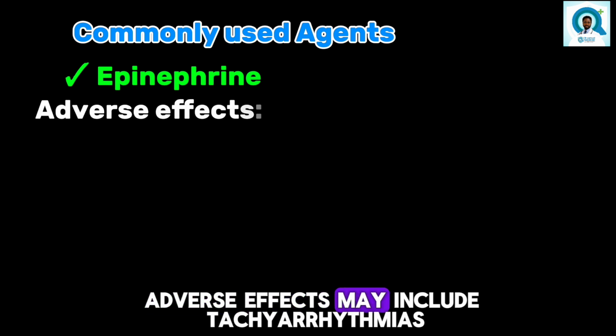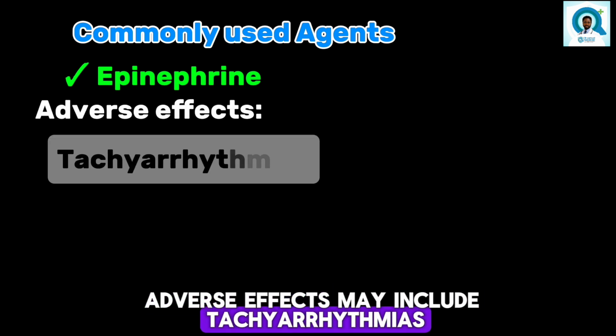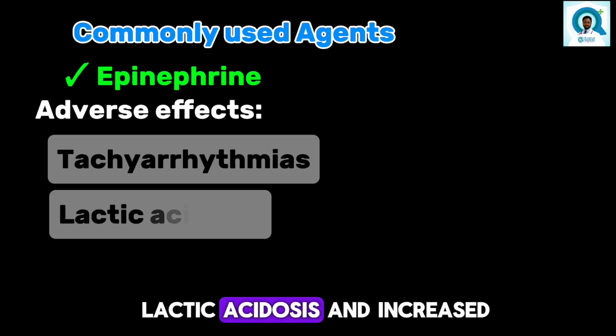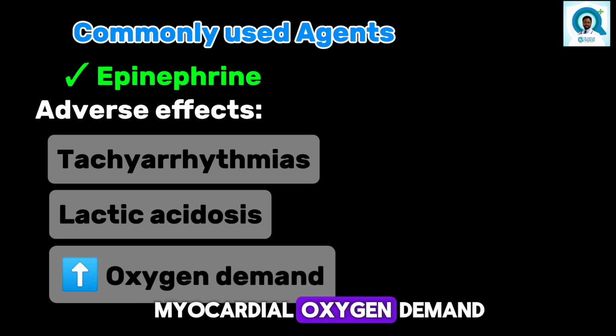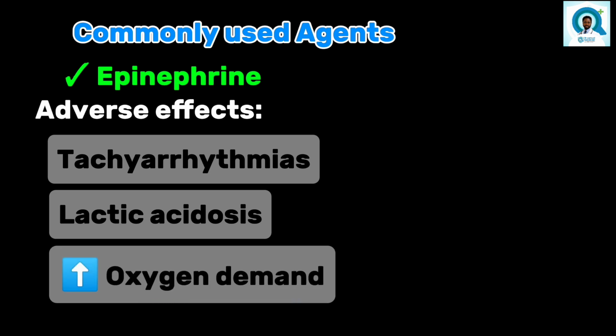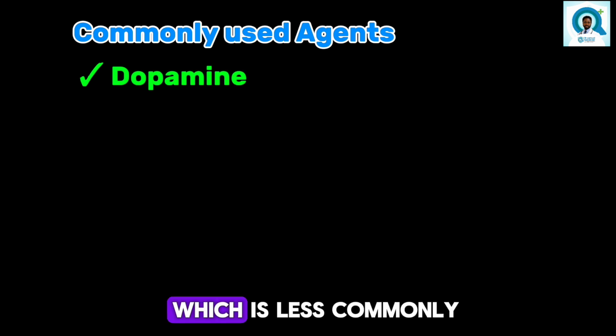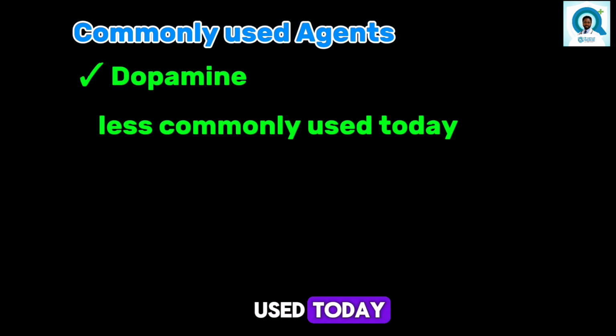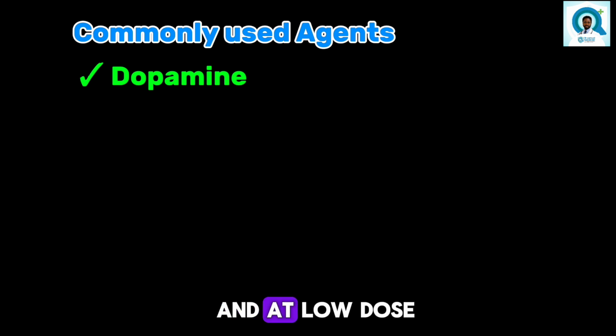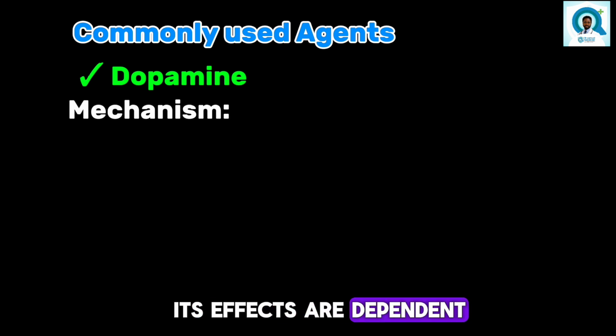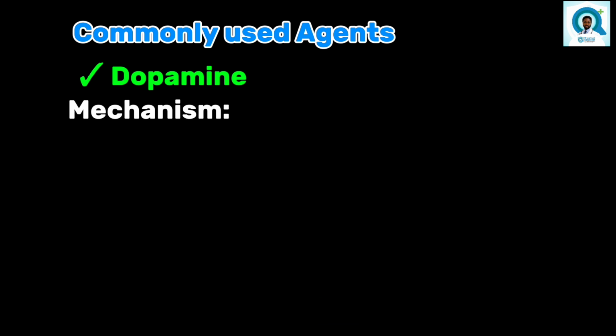Adverse effects may include tachyarrhythmias, lactic acidosis, and increased myocardial oxygen demand. The next drug is dopamine, which is less commonly used today. At low dose, its effects are dependent on the dosage.